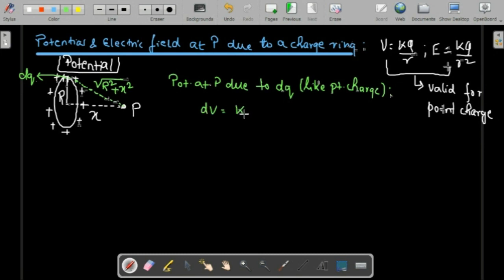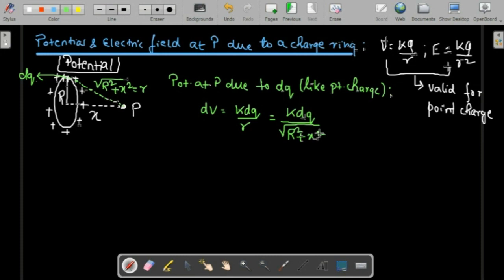So it is k dq divided by r. R means the distance between the point and the charge, which in terms of the known quantities is nothing but root over of r square plus x square. So that's my factor here.